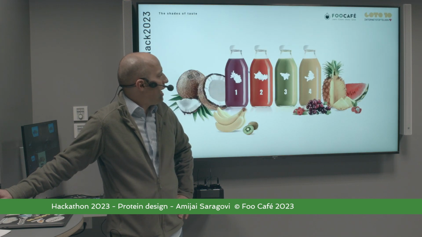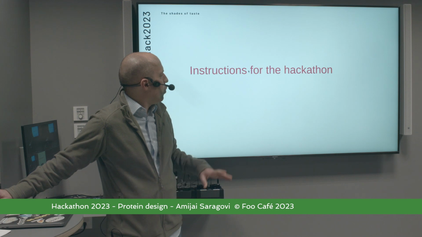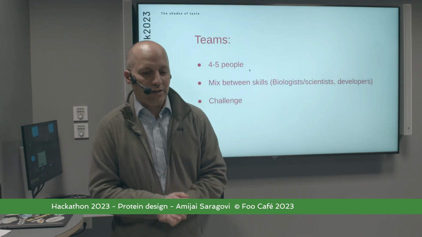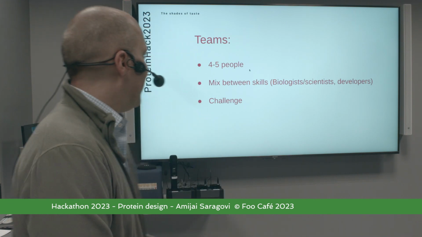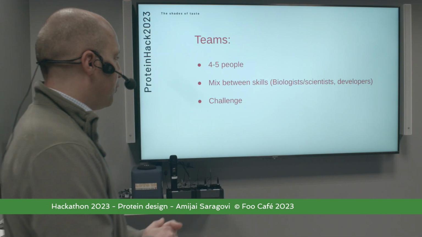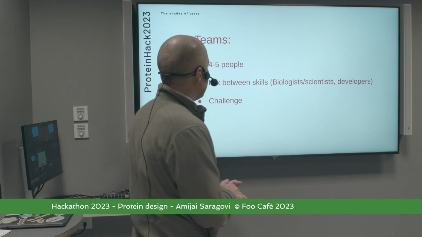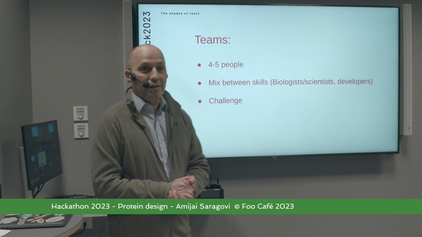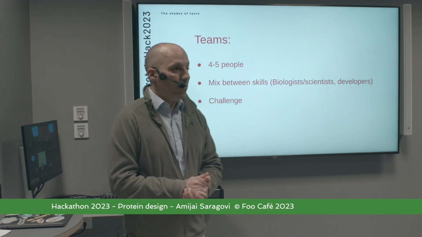Right. So now we're moving to a more technical side of the hackathon, and basically how this is going to work. So first of all, we're going to work in teams. The teams will be 4 to 5 people.